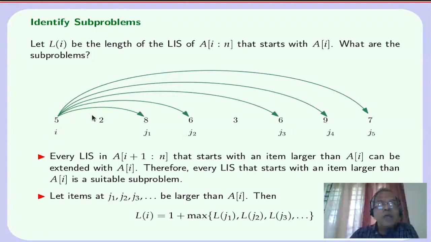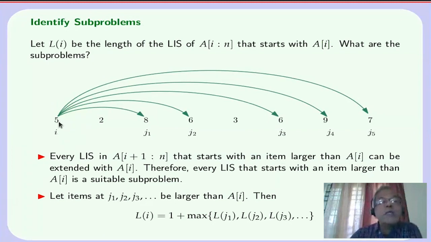If I simplistically assume the LIS of the subsequent subarray 2, 8, 6, 3, 6, 9, 7, once you have found out the LIS of the subproblem, then we can decide about including 5 or not including 5. That may work or may not work. The moment I have a doubt it may not work, then I have to consider exhaustive search.